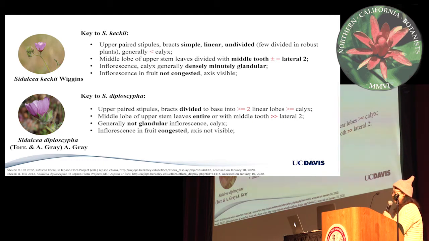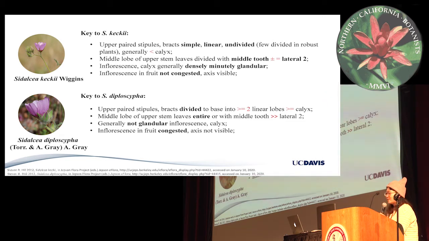Second, for Sidalcea, they usually have the middle lobe of the upper stem leaves divided with the middle tooth more or less the same as the lateral tooth. Whereas for Sidalcea diplocypha, those lobes are usually either entire or with the middle tooth fairly larger than the lateral tooth.